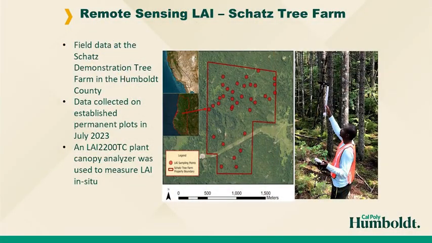What we did there was collect data from established permanent plots that have been monitored for over 50 years in the Shorts demonstration farm. And then using an equipment called a plant canopy analyzer, we managed to measure the leaf area index at those points that are shown on that map.